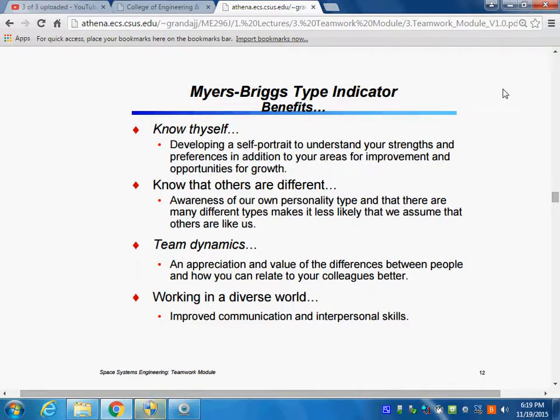One is to know thyself, know yourself, developing a self-portrait to understand your strengths and preferences, in addition to the areas where you could improve or how you could best match in with others, and give yourself an opportunity to grow. Two, to recognize that others are different.